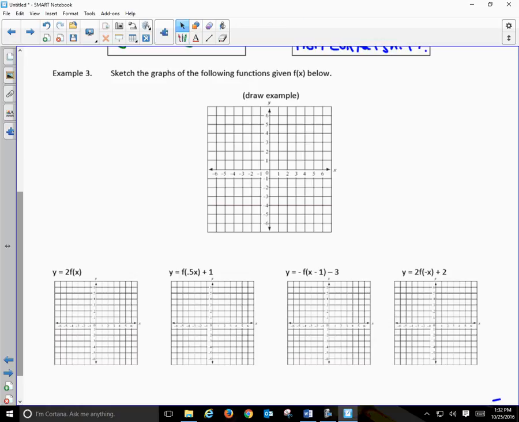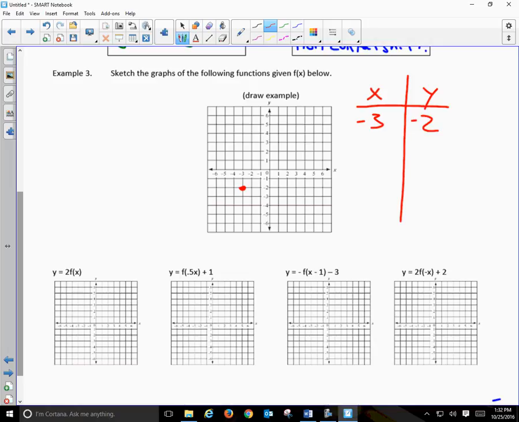So here's what we're going to do. We're going to plot a few points. We're going to plot -3, -2. And plot -2, 2. Plot 1, 2. And we'll plot 3, 0.